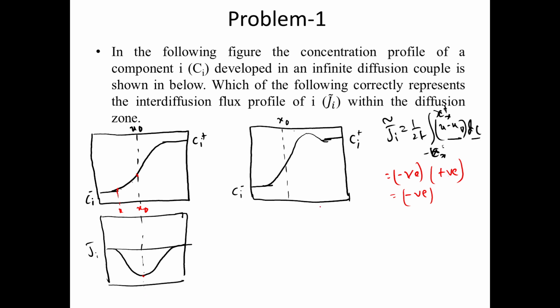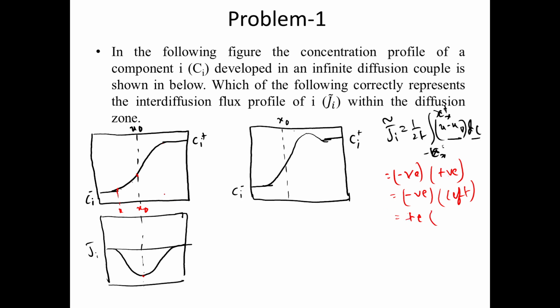From here to here, x minus x naught is positive. If you are coming from this side, consider x minus x naught. Can you tell me the x minus x naught here? Here it is positive.